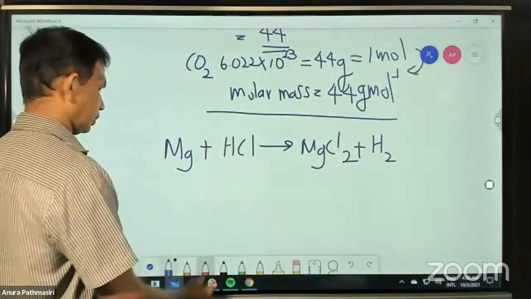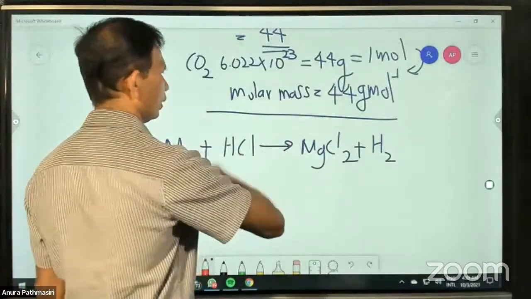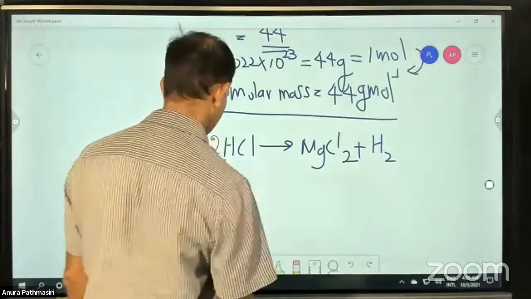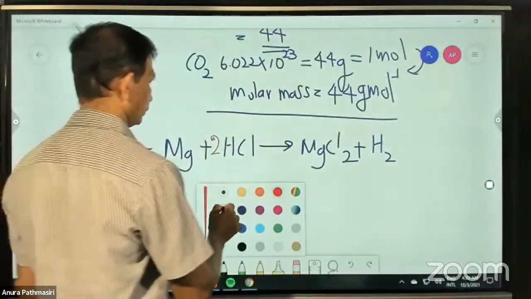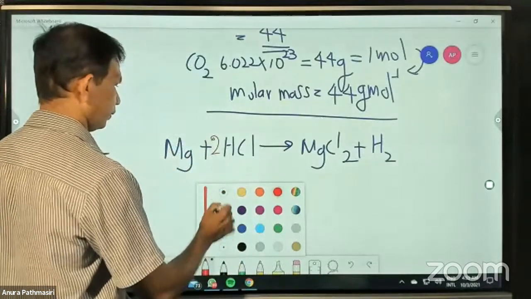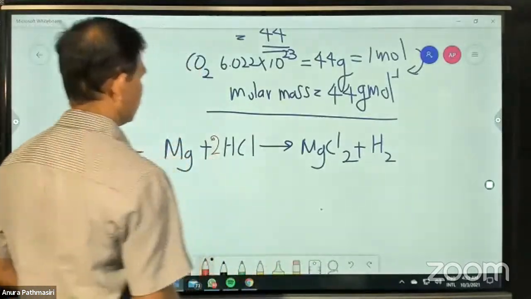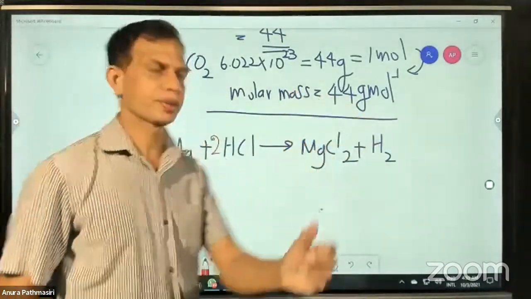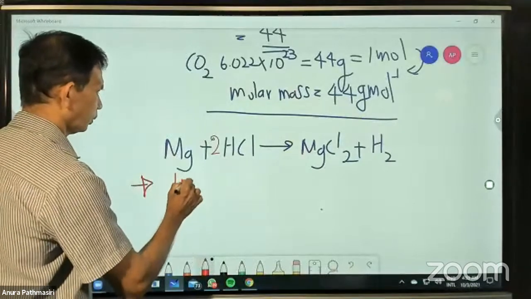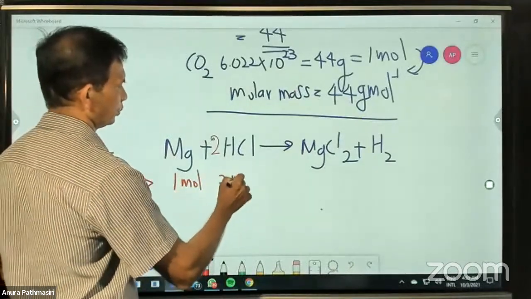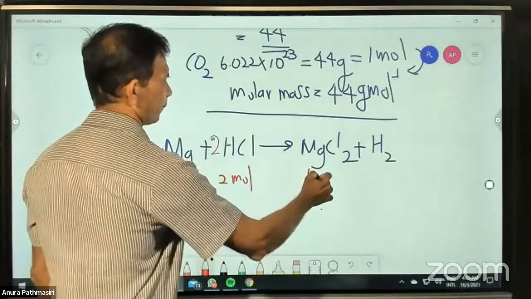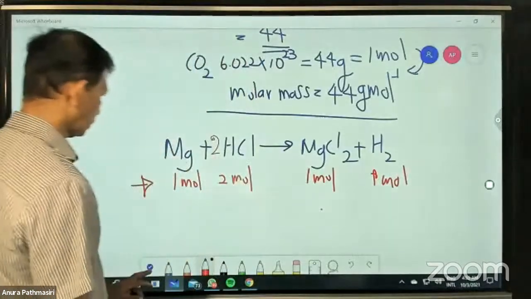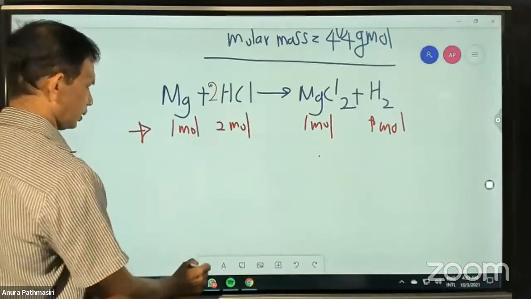When balancing it, 1 magnesium, 1 Cl2, so I put 2, and then hydrogen 1 mole. Now if you have this, express it in moles. So you get 1 mole, 2 mole, 1 mole, 1 mole. Now express it in mass.